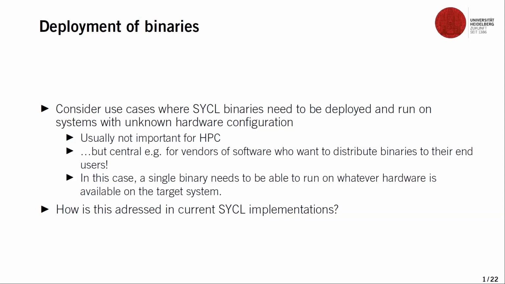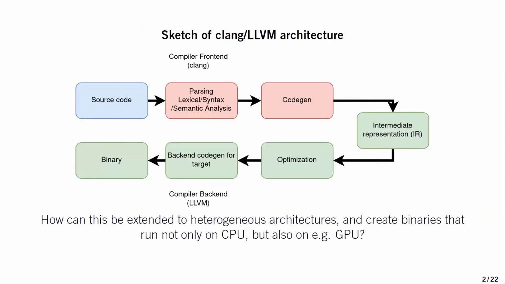So in this case, a single binary needs to be able to run whatever hardware it finds on that system. How is this addressed in current SYCL implementations? First, let's quickly recap what the Clang LLVM architecture very roughly looks like. You have your source code that is processed by the Clang front end. The front end parses the code, generates an AST, and also does some checks on whether your C++ is any good. Then in the end, it generates code, but it doesn't generate machine code directly.